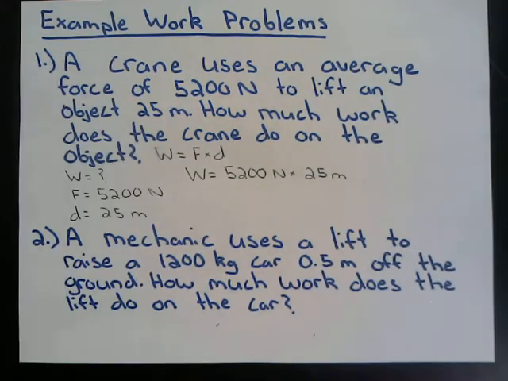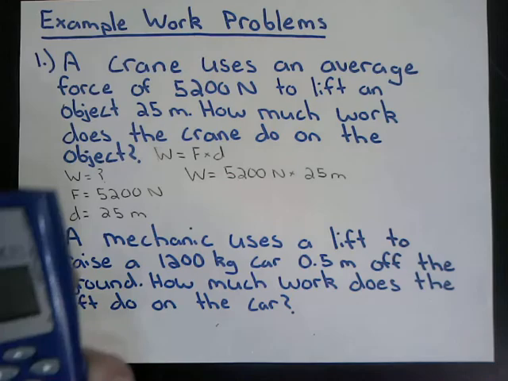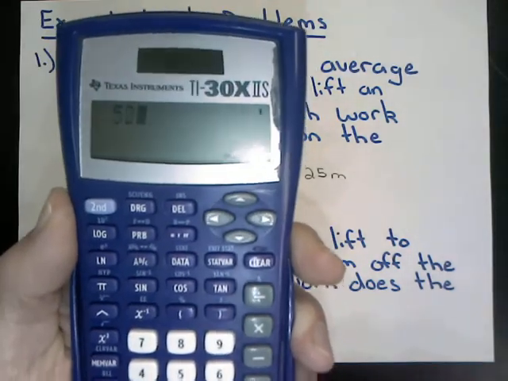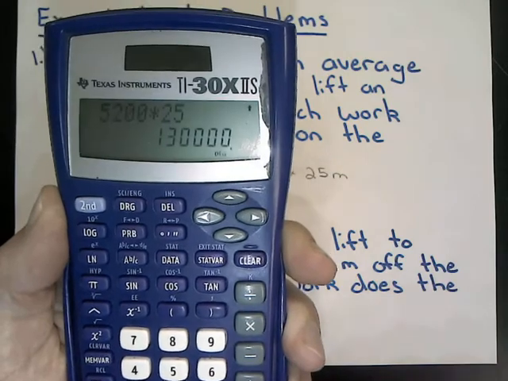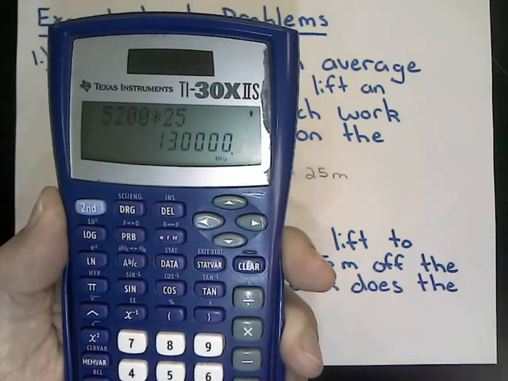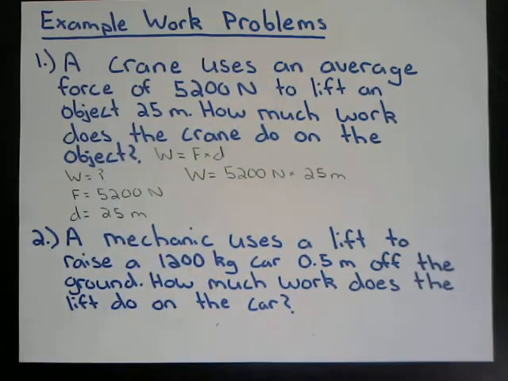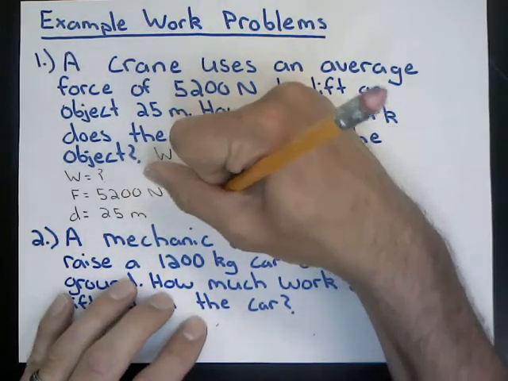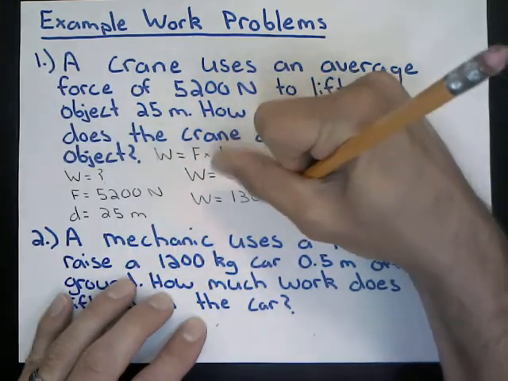So in our calculators, all we need to do is put 5,200 times 25. So 5,200 times 25, we press enter, and we get a value of 130,000 for our numerical portion here. So work is 130,000.